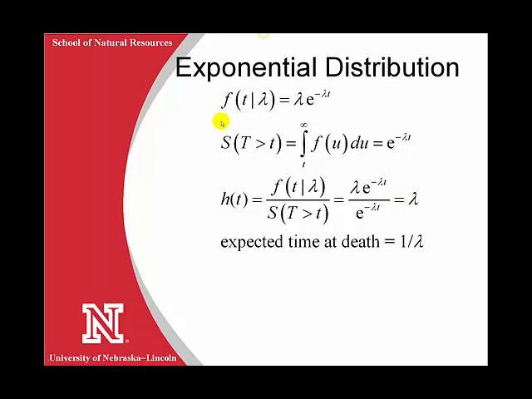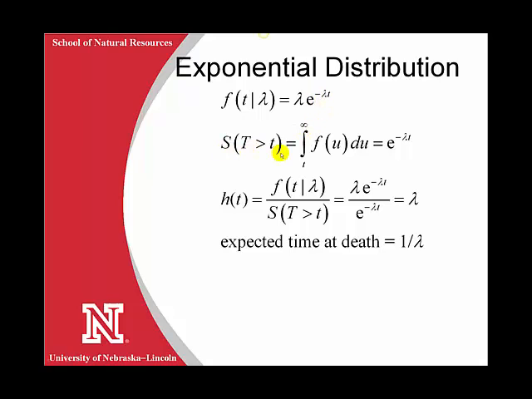So let's look at these three functions for a simple distribution, the exponential distribution. In the exponential distribution, the density f of t, given some rate parameter, is given by this simple function here. So lambda is our rate at which events are occurring, lambda e to the minus lambda t, and that's going to be the distribution of events occurring at rate lambda.